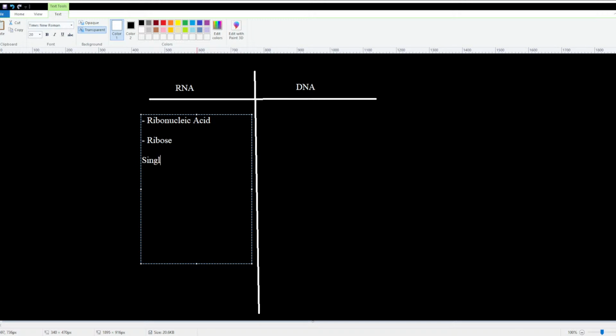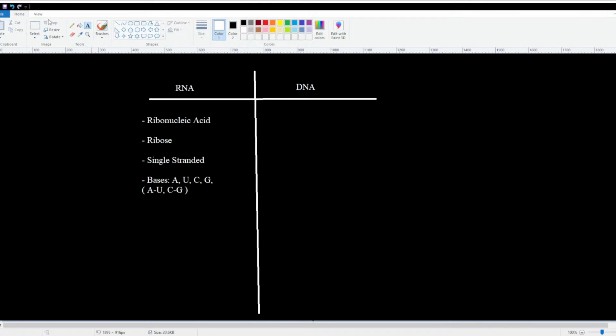RNA is single-stranded. And RNA has bases A, U, C, and G, in which A pairs with U and C pairs with G.